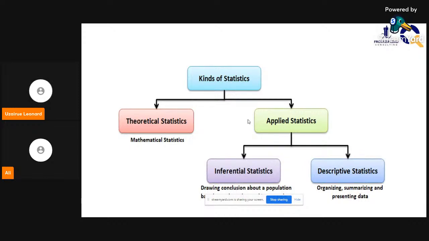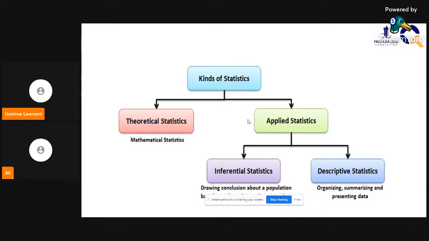There's the aspect we refer to as theoretical statistics. This is the aspect that deals with the mathematics, while we have applied statistics. Applied statistics is that aspect of statistics that has to do with the application of statistics.